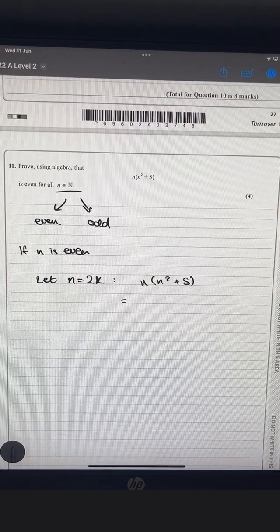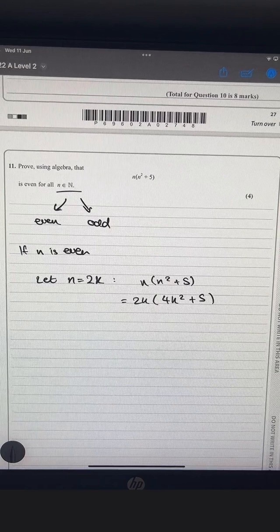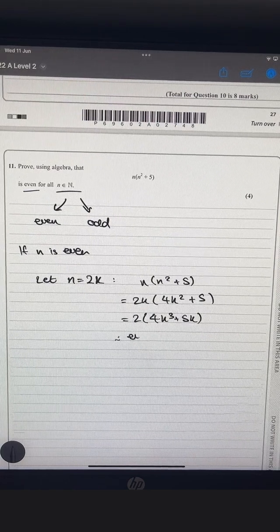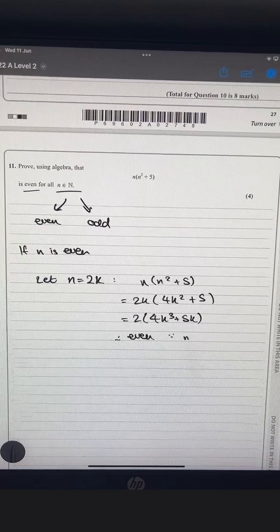That becomes 2k, and I'm squaring this, so this would be 4k squared plus 5. Remember to square the 2 as well. So now I could just put the k into the bracket, so I have 2 multiplied by 4k cubed plus 5k. And look, I'm trying to prove it's even, so this whole thing in the bracket is being multiplied by 2. Therefore, even, because anything multiplied by 2 is even.